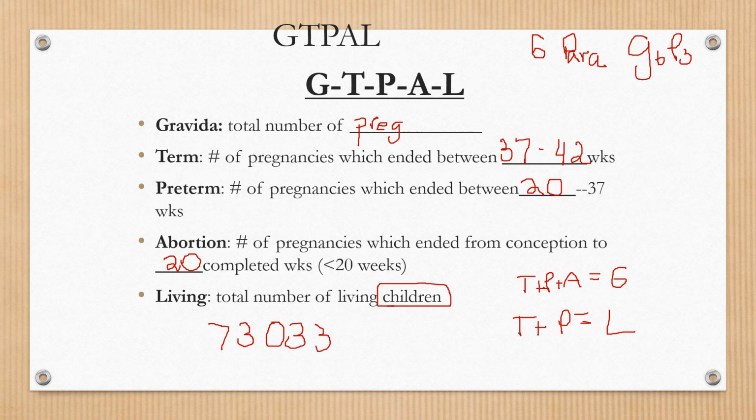Well, remember what I said over here is that T, P, and A should equal G. If I take T, which was 3, P, which is 0, A, which is 3, that equals 6. Why do I have 7? Because she's currently pregnant. So again, even though they should add up, when they don't, it's telling you to look at it and figure out what's going on. Okay?